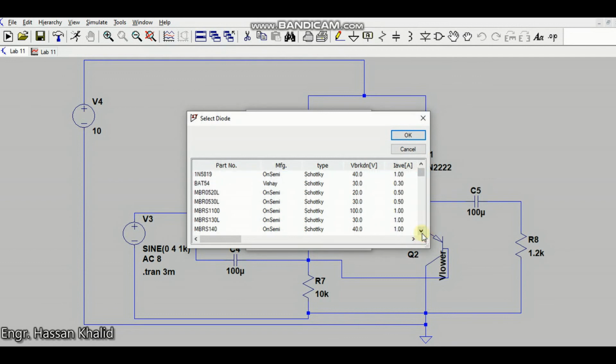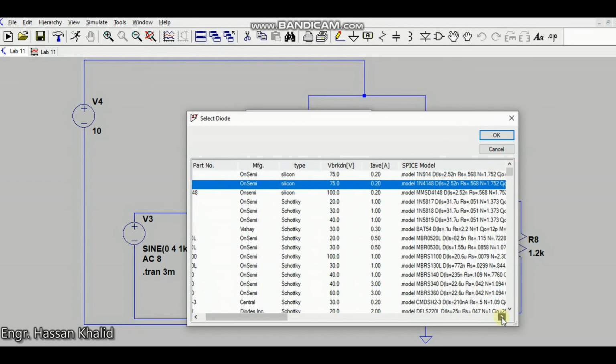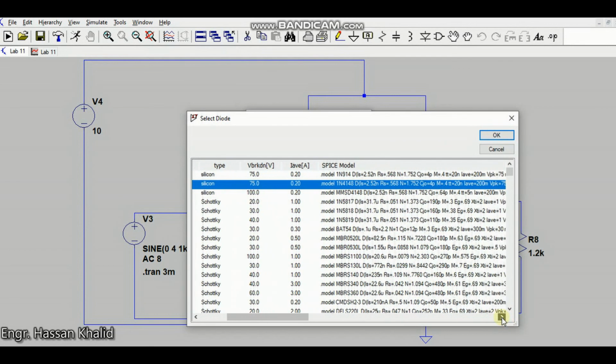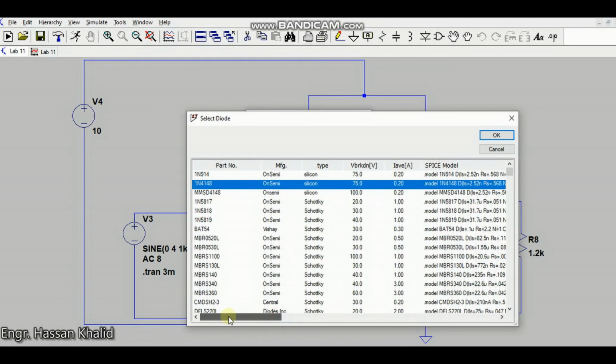What you can do is click on the model and read out the properties that are presented over here. Sometimes the voltage drop property might not be mentioned in the model.